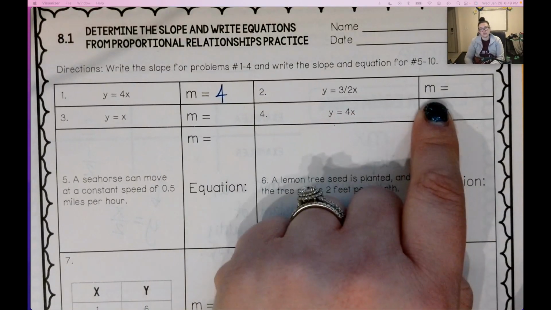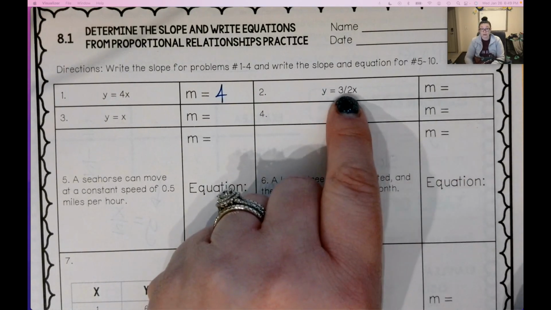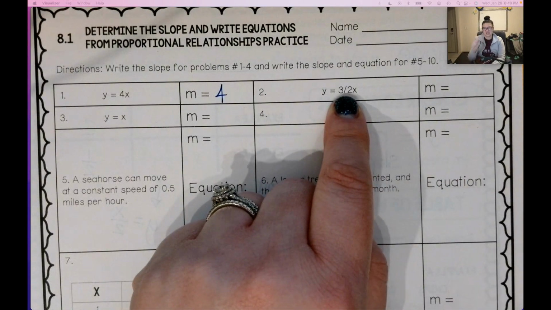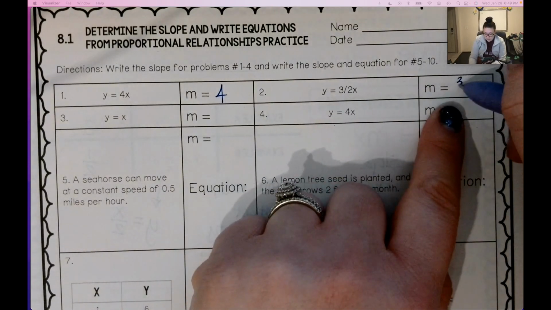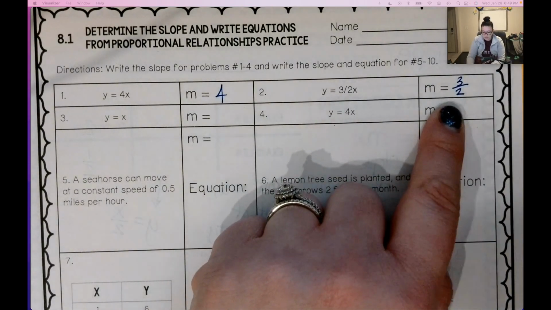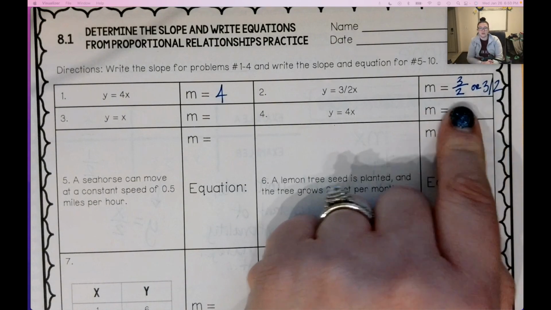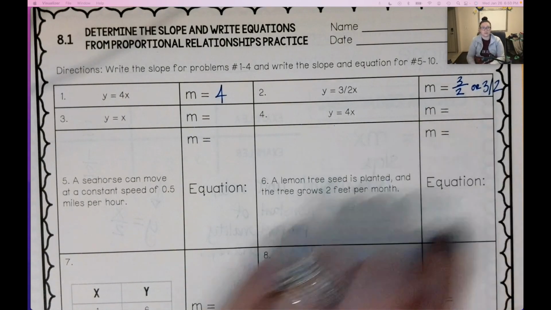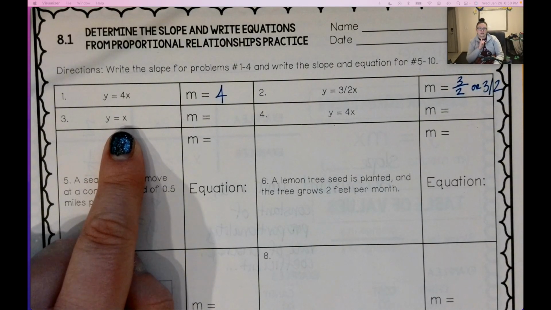What is your m? What is your slope there? Remember, that slash means a fraction bar. So here our slope, our m, is 3/2. Or you could also write it 3 fraction bar 2. Either one of those ways works. Number 3 is tricky. What is your slope in 3?